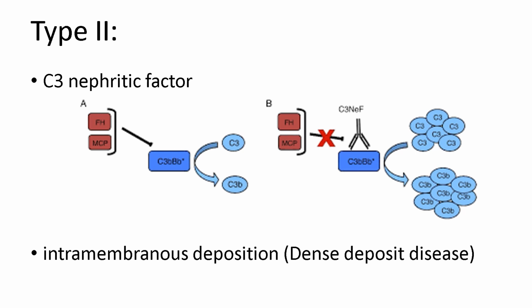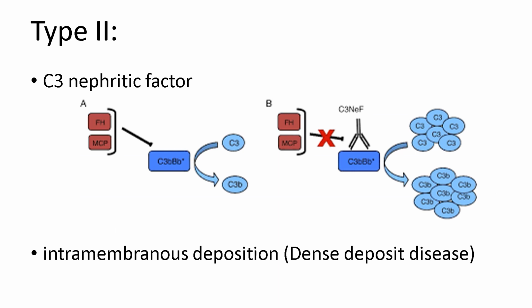And finally, intramembranous deposition, it's dense deposit disease. So type 1, you remember, HBV and HCV, as well as subendothelial depositions. Type 2, C3 nephritic factor, the antibody that stabilizes the C3 convertase, plus intramembranous depositions.